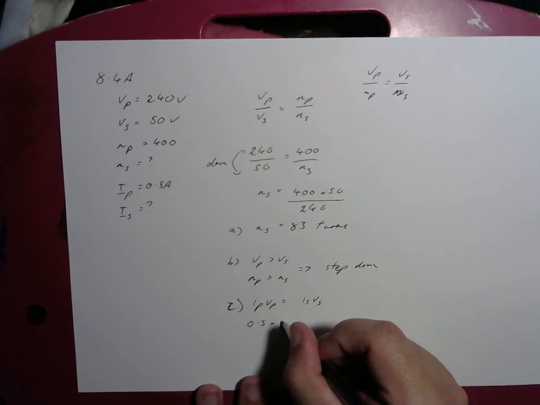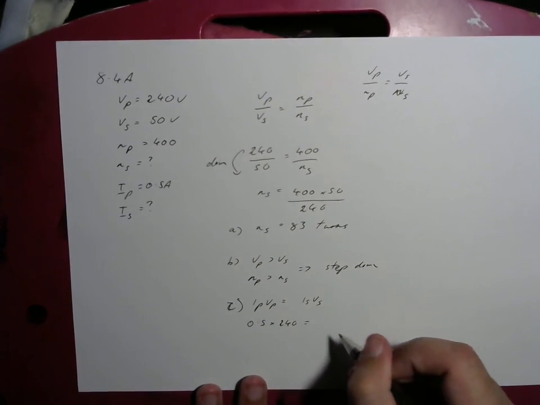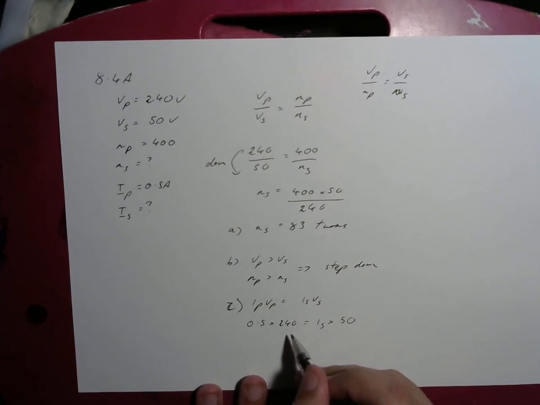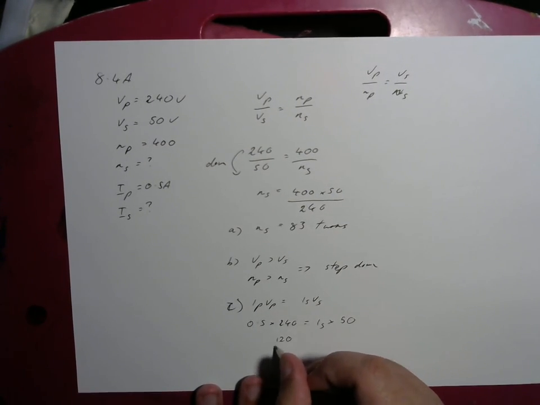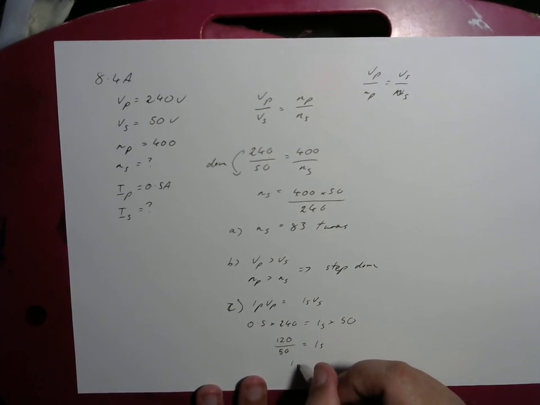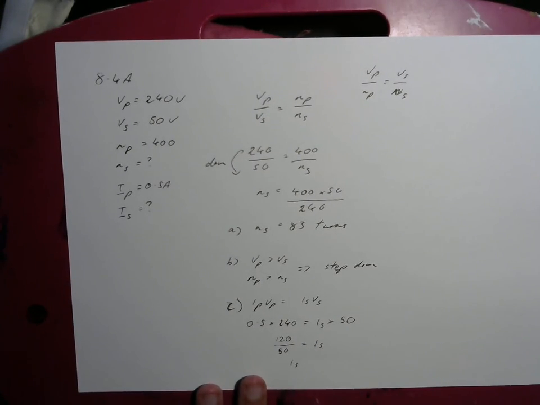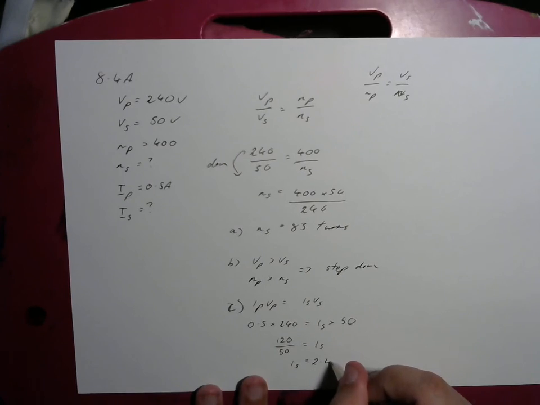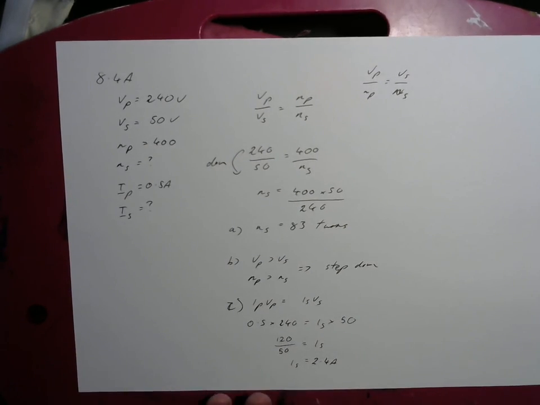Voltage primary 240 equals Is times 50. Well, 0.5 times 240 is 120, divided by 50 equals Is. And so we can see Is here equals, what's that? 2 and 2/5, so 2.4 amps. Quite a bit of amperage there.